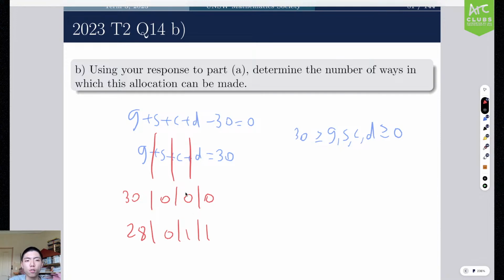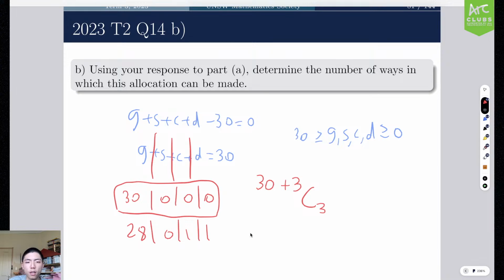So if there are 30 units that we want to split, and we have 3 dividers, then the total becomes 33, right? Because we have 30 units that we are trying to split, and 3 dividers in the middle. So in total we have 33, and we now need to choose 3 positions to put our dividers in.